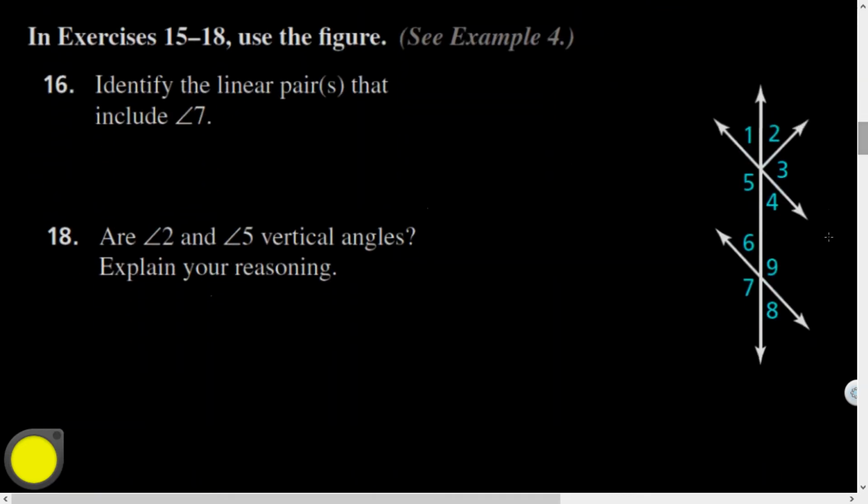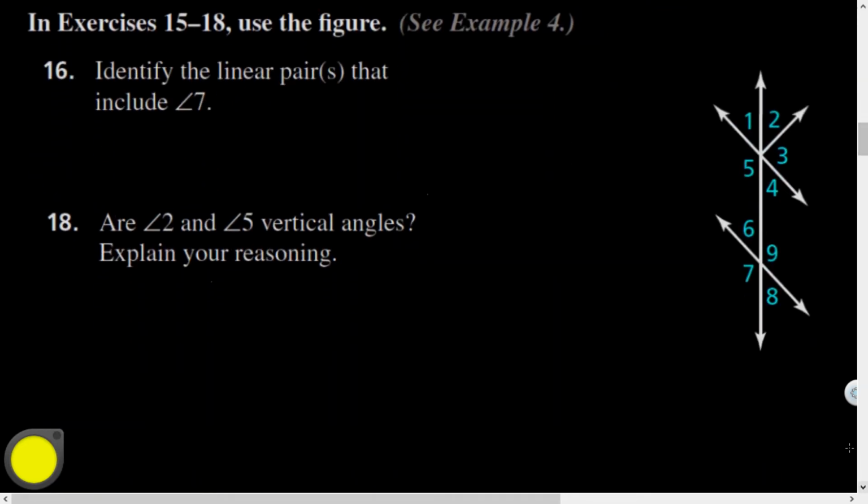All right, here we go. Identify. So we had other angle relationships. A linear pair is two angles back to back that were adjacent, whose non-shared rays formed opposite rays. Basically, together they form a line. So they said identify the linear pairs that include angle 7.